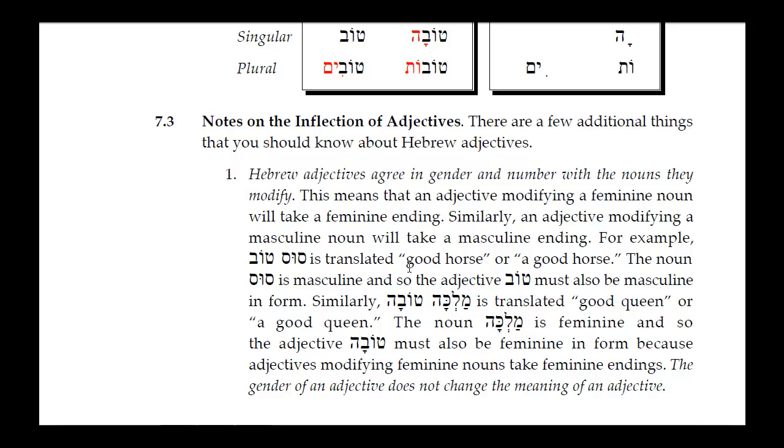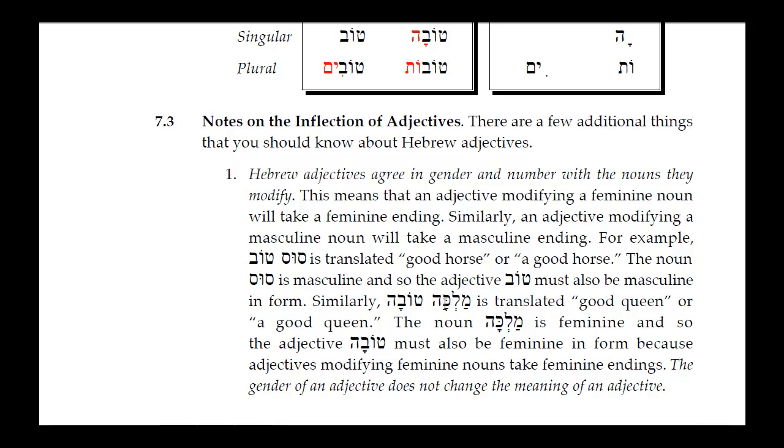Now the noun sus is masculine, and so the adjective tov must also be masculine in form to agree with it, to modify it. Likewise, we have malka, which is queen, and then we have tova, malka tova, a good queen.